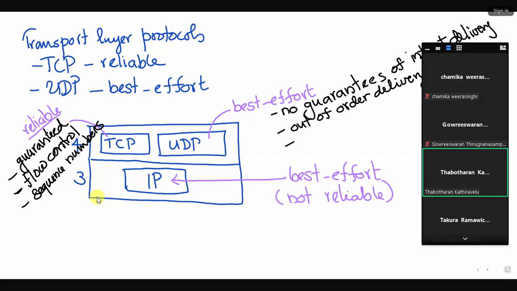All these additional things are part of reliable data transfer. One more thing, acknowledgements. All these are there.